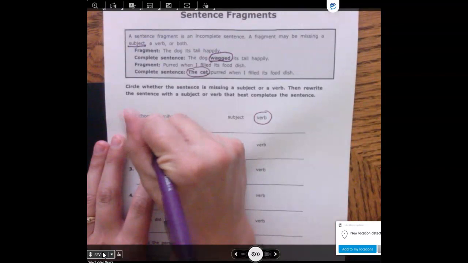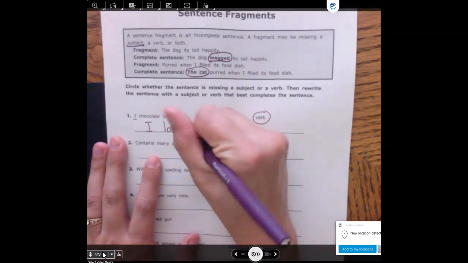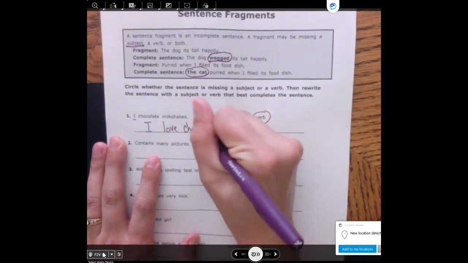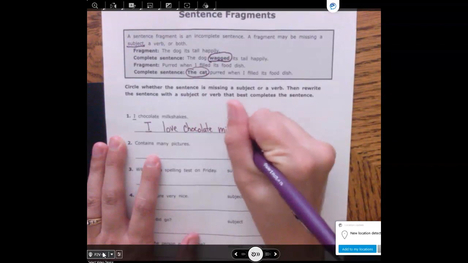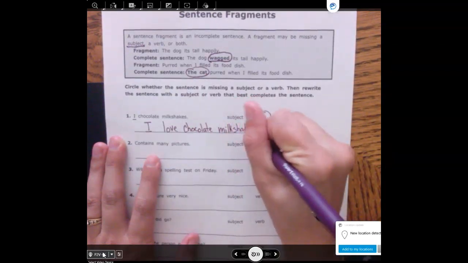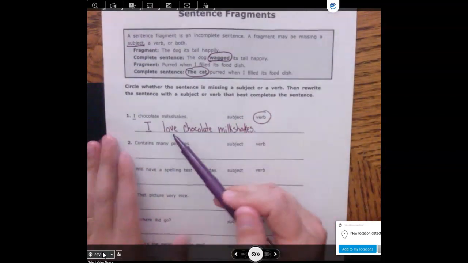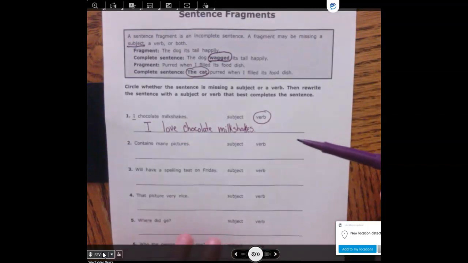I love chocolate milkshakes. Okay. The verb, oops, and I can't spell, there we go, shakes. Love is a verb, okay, so it's a feeling, it's an emotion, but it does count as a verb because it's something you do. I love it.